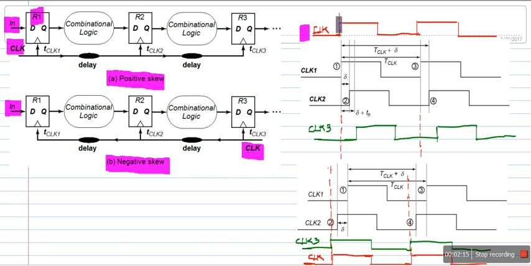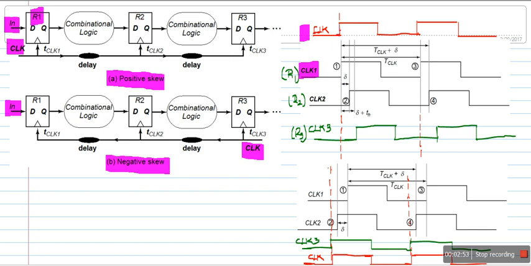Clock 1 corresponds to register R1, clock 2 corresponds to register R2, and clock 3 corresponds to register R3. R1 receives the main clock signal without any delay, so the reference line is aligned with the main clock signal. The clock 1 signal is aligned with our main clock signal.